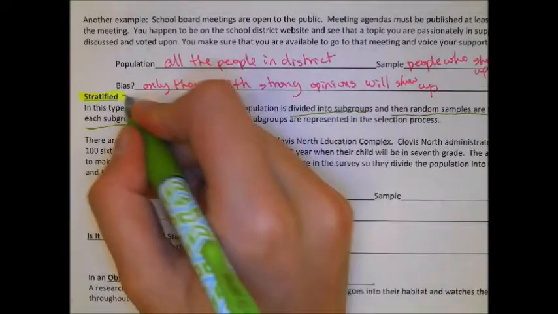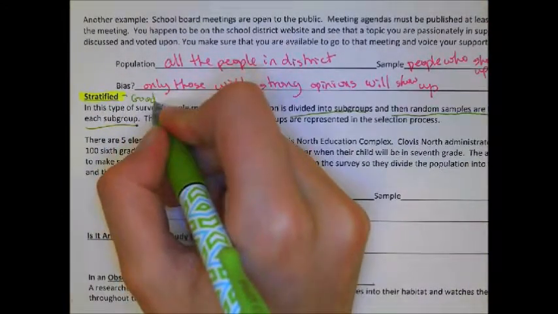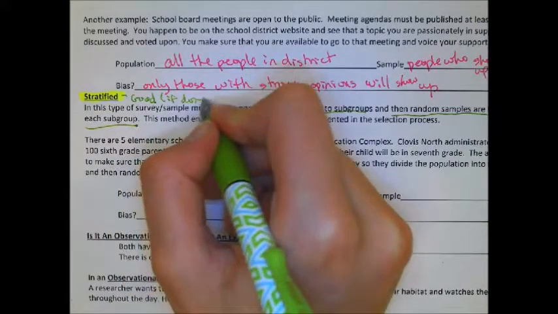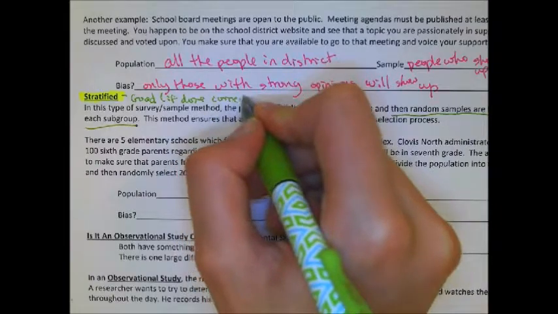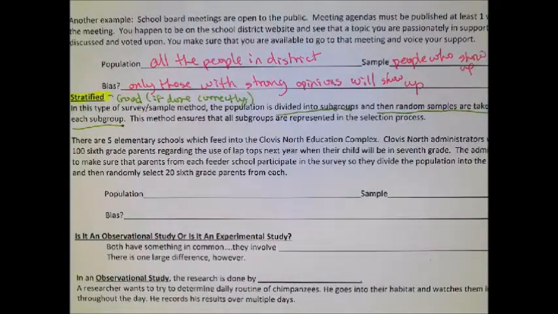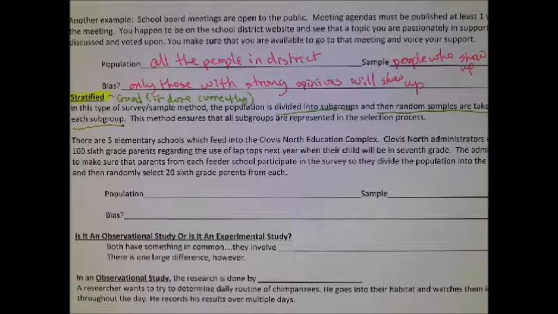So this one is actually good if it's done correctly. This method ensures that all subgroups are represented. Go ahead and read this scenario and find the population, sample, and bias.